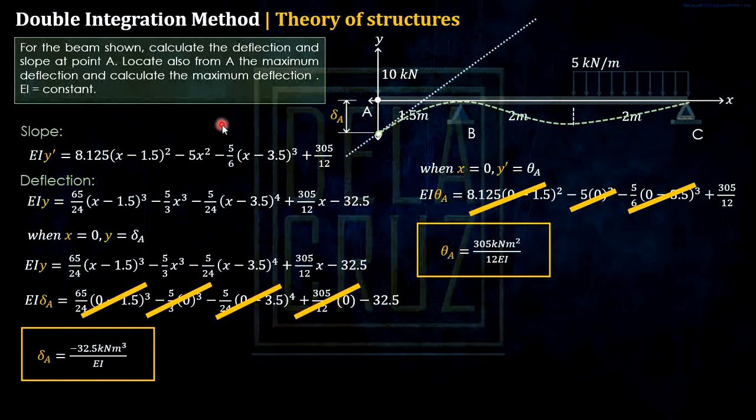Okay, now we are to locate the maximum deflection. As you can see here, there are two candidates na magkakaroon ng maximum deflection. It's either the deflection at A and also this at segment BC. So, we need to locate first saan yan mangyayari at this point. From calculus, when the slope is 0, the relative maximum and minimum value of the deflection will be calculated.